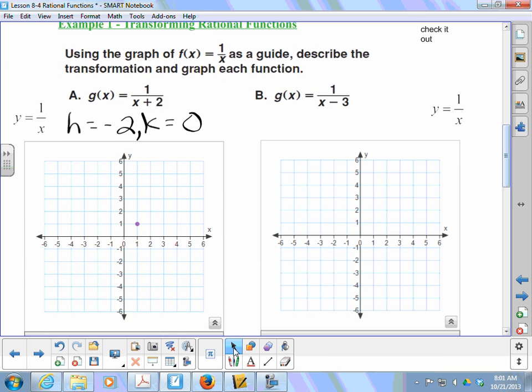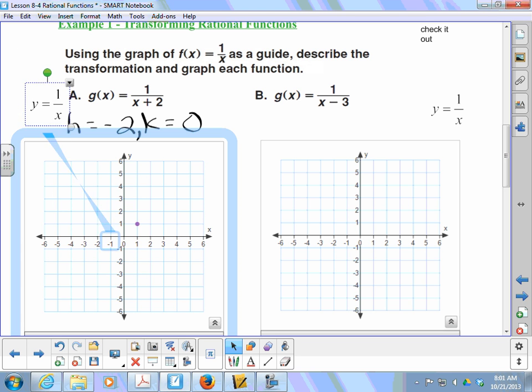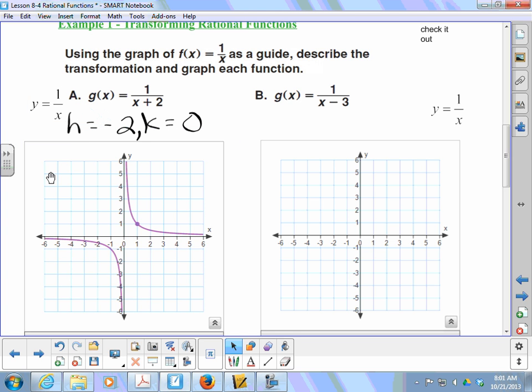So here's our original function, 1 over x. This is the parent function here. If we graph the translation 2 units to the left, then we're going to take all these points and move them over.